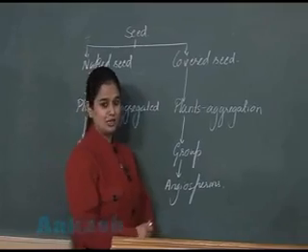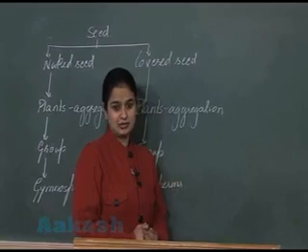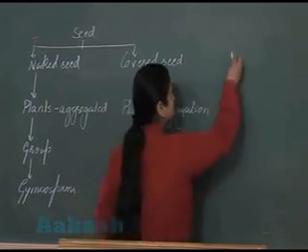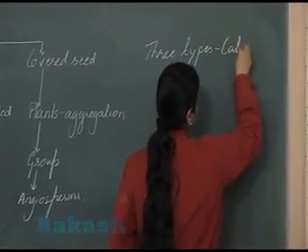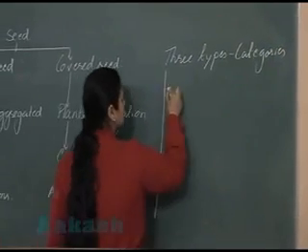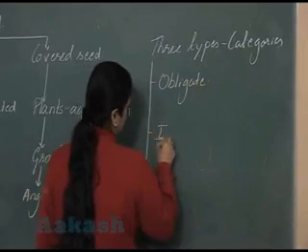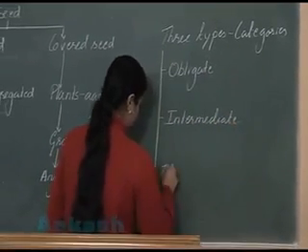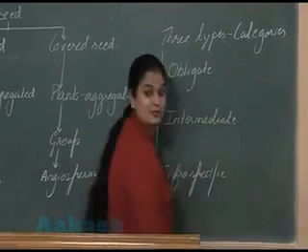Now here we have to deal with three types of taxonomic categories: obligate, intermediate and infraspecific.